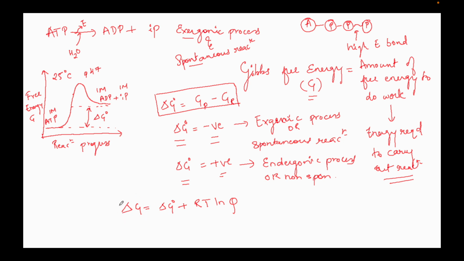So this delta G is the change in free energy, which is equal to Gibbs free energy at standard conditions plus R, which is a constant, at T temperature in Kelvin, times the natural log of Q. Q here is the reaction quotient. So what is reaction quotient?